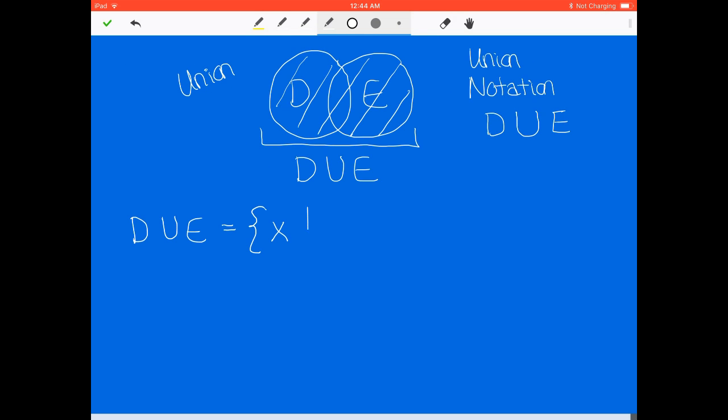Some number X, such that X is an element of D or X is an element of E. So this is or, D or E. So X could be in D or E.